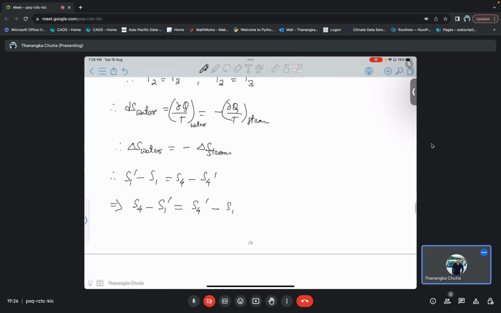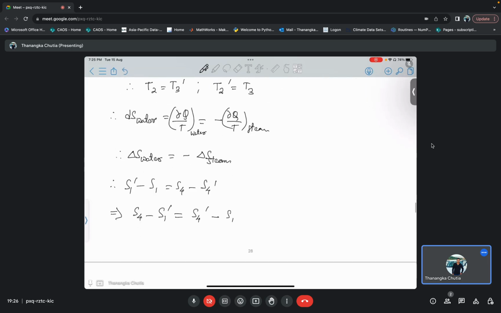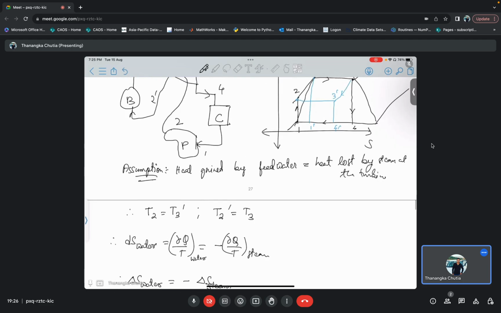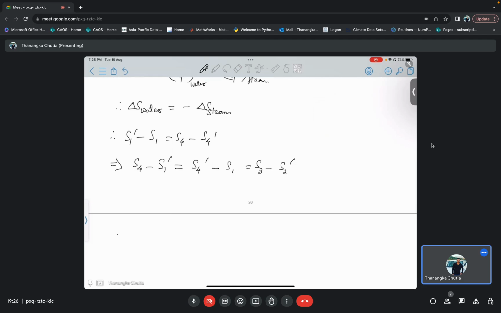Again, S4 minus S1 prime is also equal to what? S2 minus S3, S3 minus S2 prime.